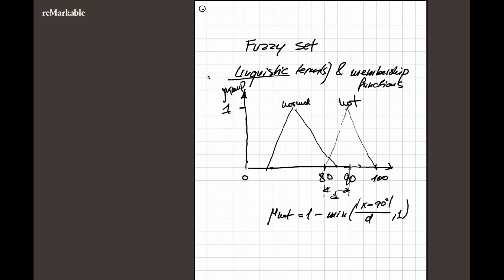Yeah, so it's a triangle function, so you can come up with many other functions.